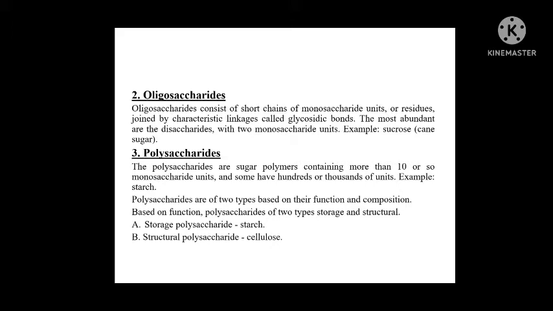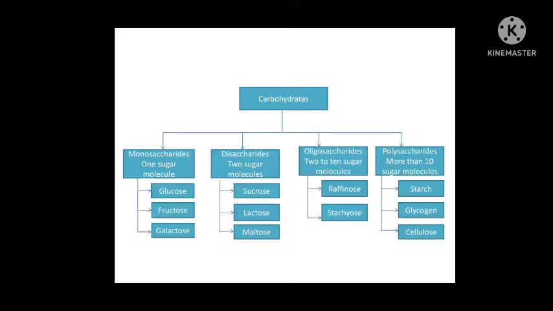So in coming classes I am going to discuss in detail. Now just look at this flow chart before going to the general properties of carbohydrates. Carbohydrates mainly have four classes: monosaccharides, disaccharides, oligosaccharides and polysaccharides. Monosaccharide means one sugar molecule.